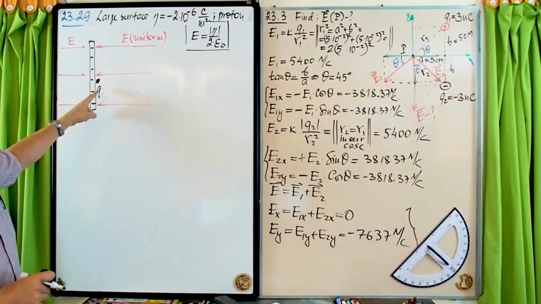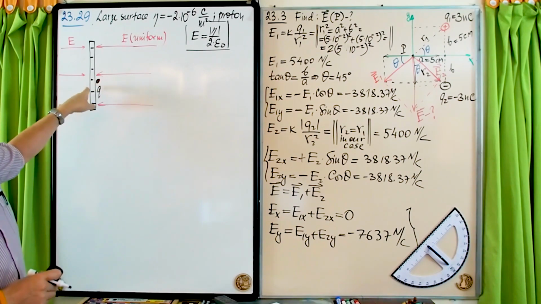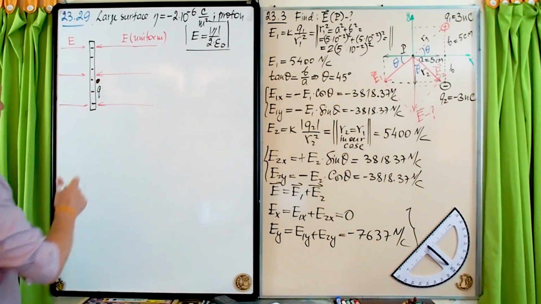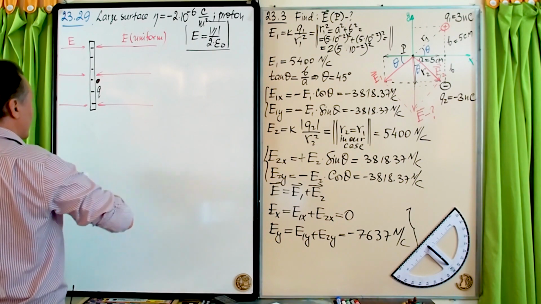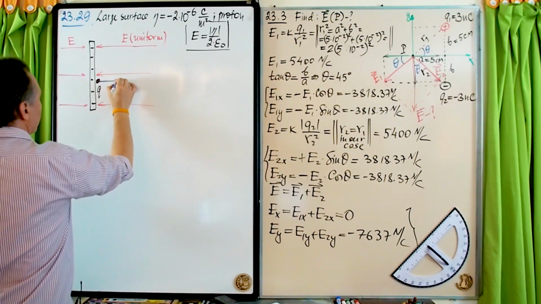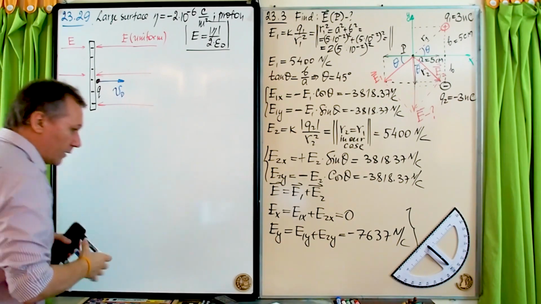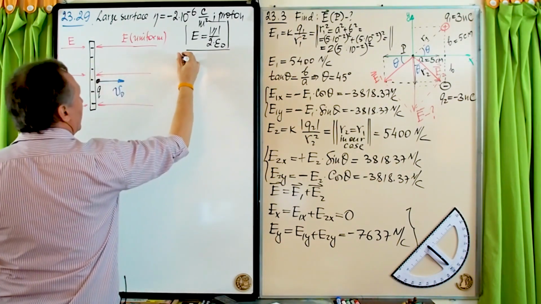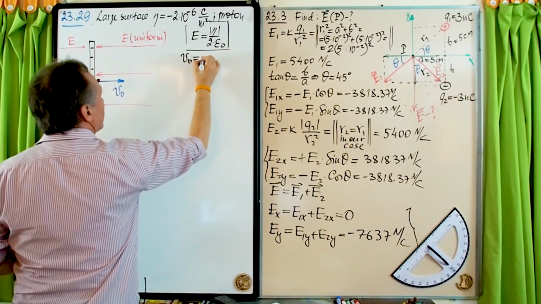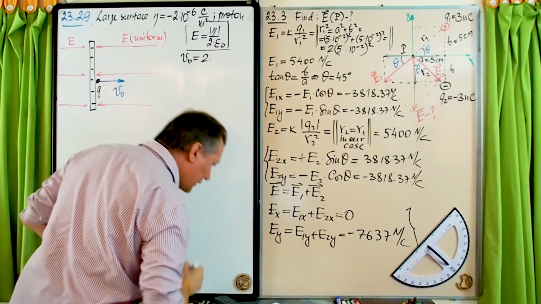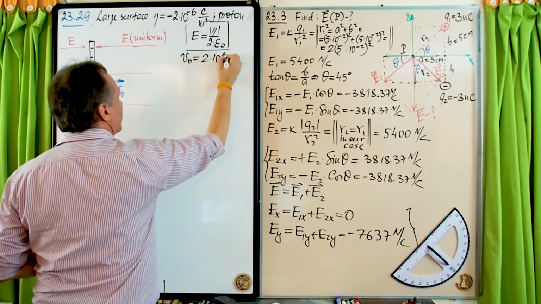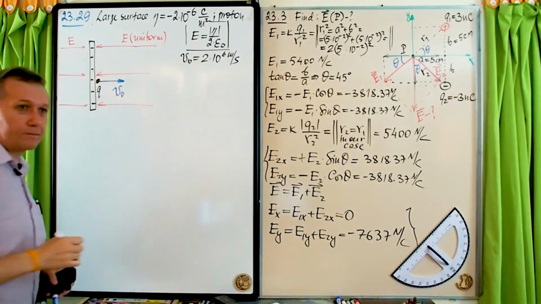Because if you don't shoot it, it will stay here because it will be attracted to the negatively charged surface. So let's assume that we shot it this way with initial velocity v naught. V naught is given: v sub 0 equals 2 times 10 to the power of 6. Large velocity, meters per second.